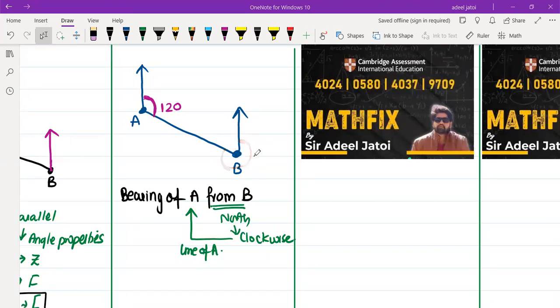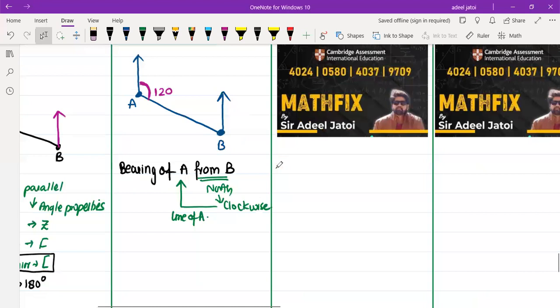And to get this particular angle, we can always find out that your two norths, this north and this north, are equal to parallel lines because they are moving the same direction. So these two angles will have sum of what? 180 degree. If one angle is 120, this will become 60. And the outer angle is basically the reflex angle. So 360 minus 60 will end up having 300. So let's do the working for this.